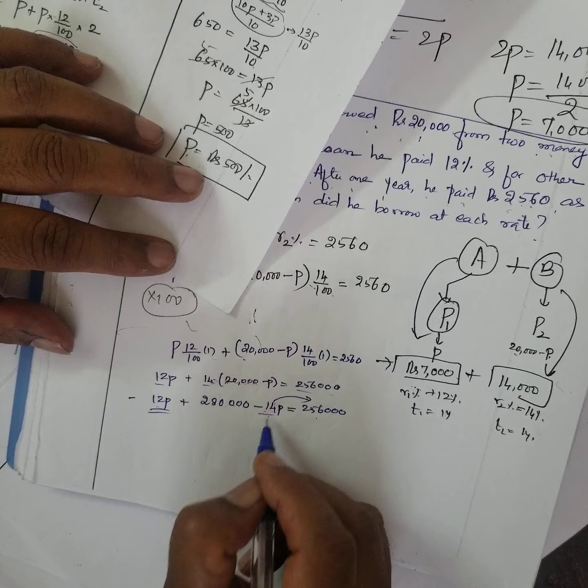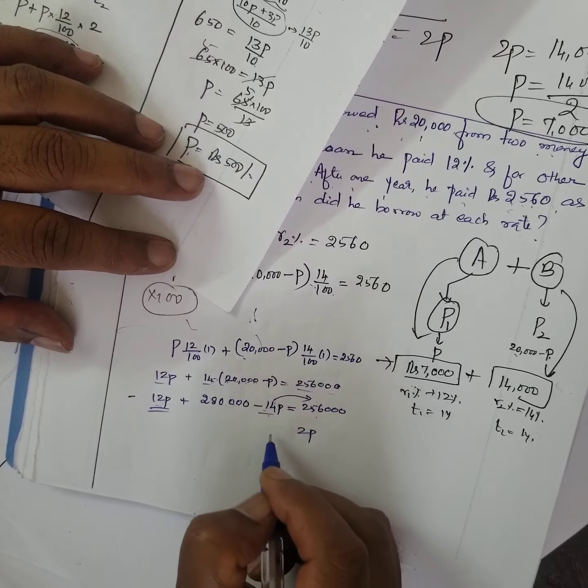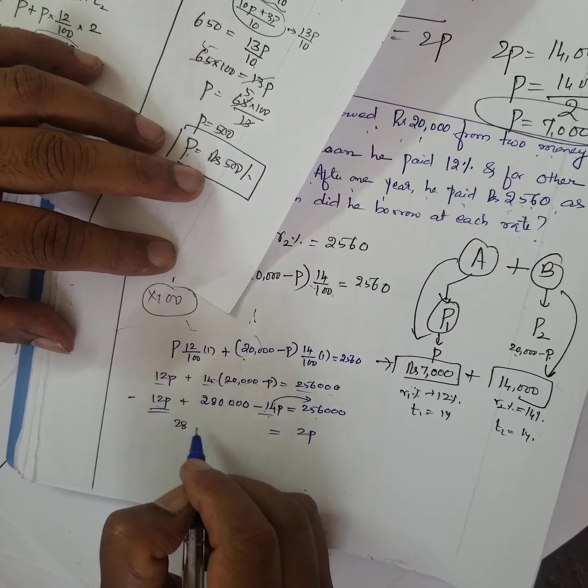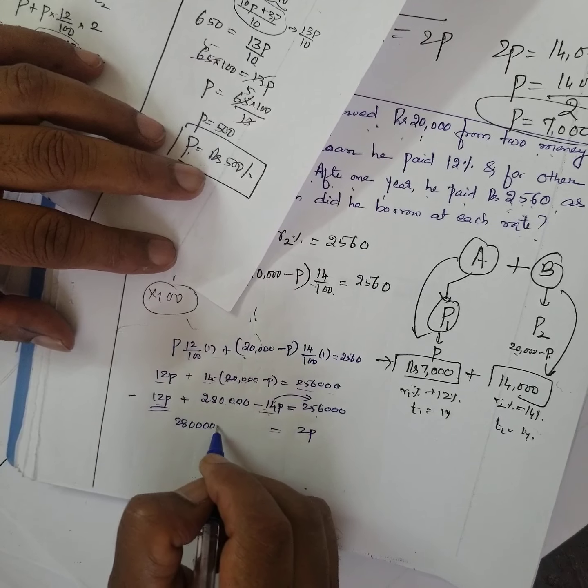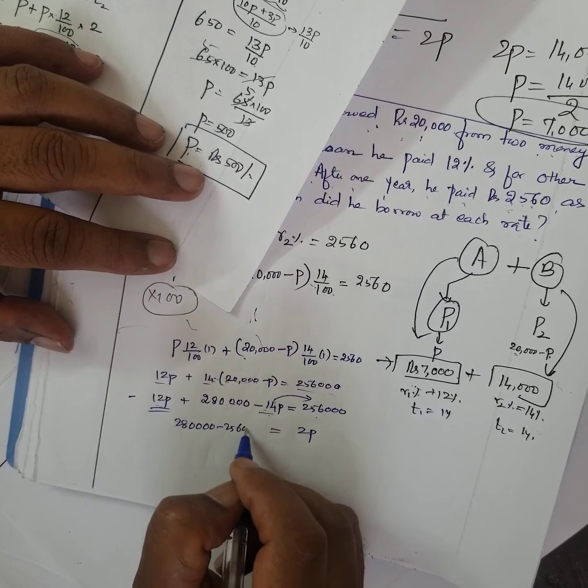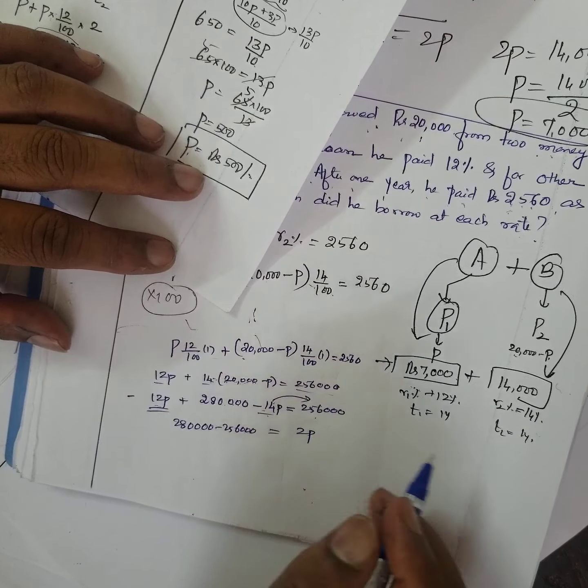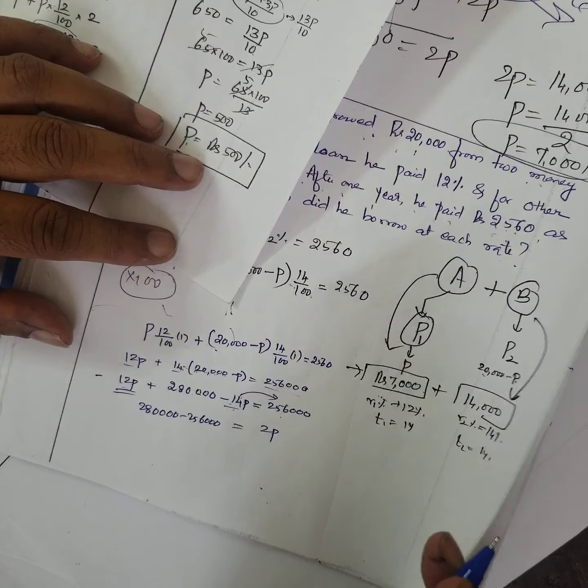Minus this and this minus 2p, therefore 2p equal to 280000 minus 256000. Right?